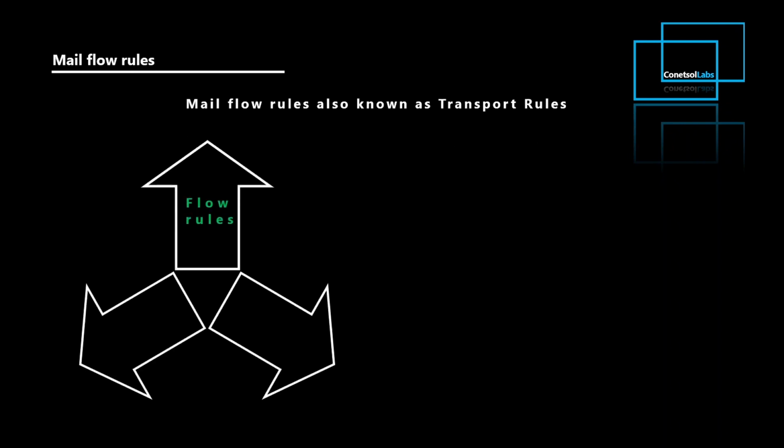Here we will discuss mail flow rules and how they transit. Mail flow rules are also known as transport rules. In mail flow rules, we specify conditions within emails sent by your organization and take an action you specify.